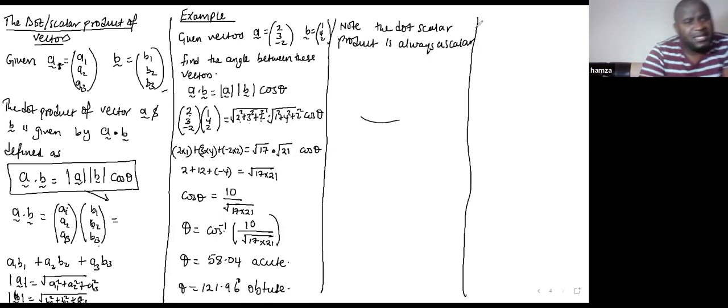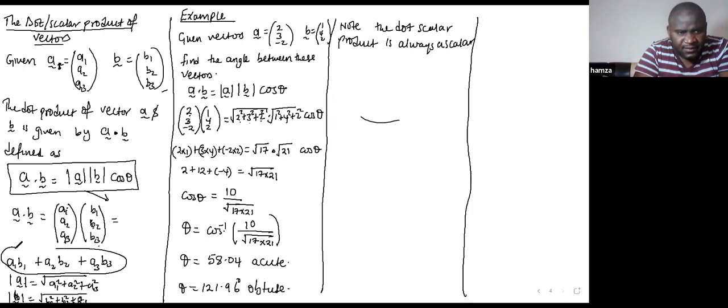You know, we have been seeing when you add two vectors, you get a vector. When you subtract two vectors, you get a vector. When you multiply a vector and a scalar, you get a vector. But when you dot two vectors, the result is a scalar. That is why when you add these terms together, you get a scalar. That's why there were no i's, j's, and k's.